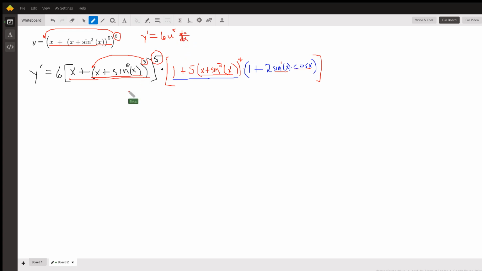And then go off, and here's the u, x plus sine squared of x raised to the 5th power, and calculate du dx down here and substitute it back into here. If that helps you visualize it a little bit better, you can do it that way.